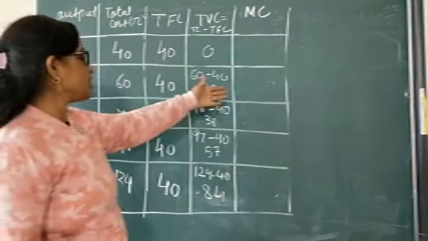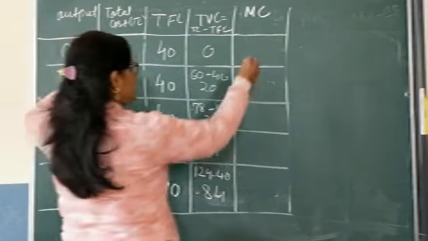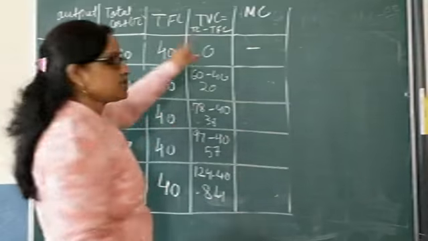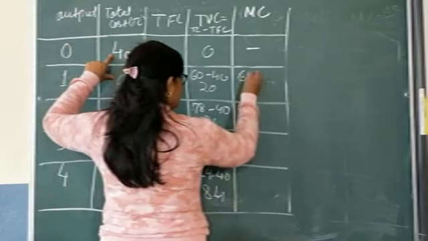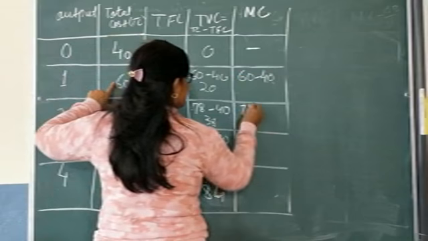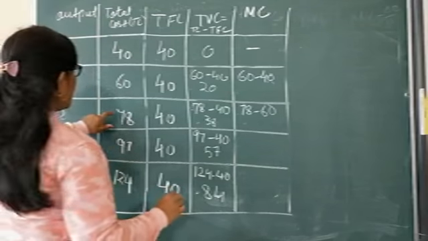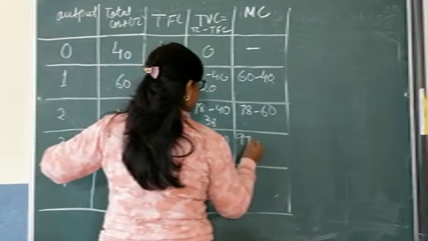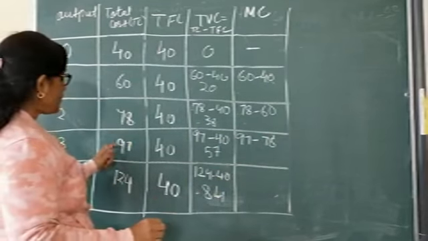Now next you have to calculate MC. You have a TC. The first one will always be dash. At 0 it is always dash. Okay, then 60 minus 40, then 78 minus 60, then 97 minus 78, then 124 minus 97.